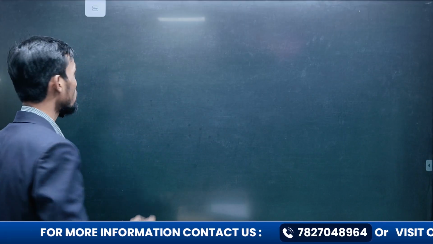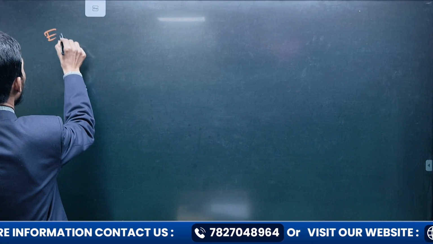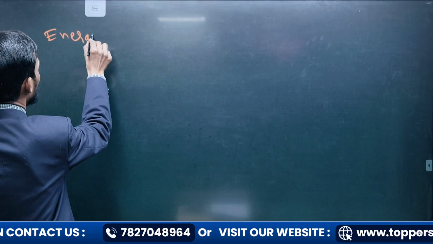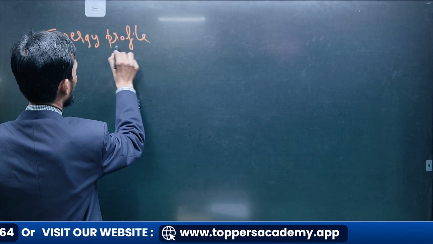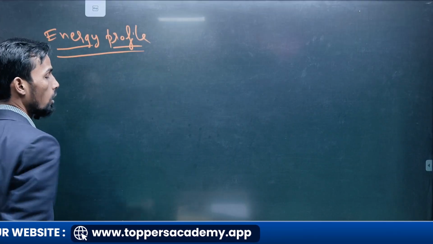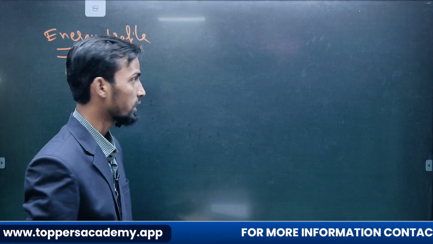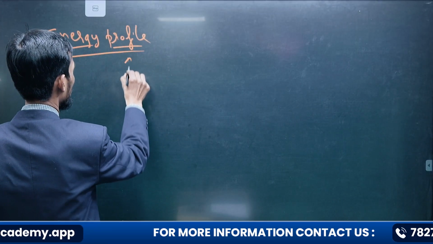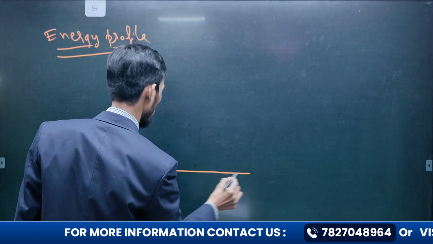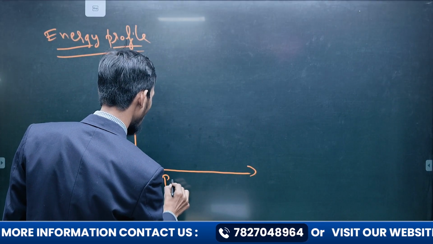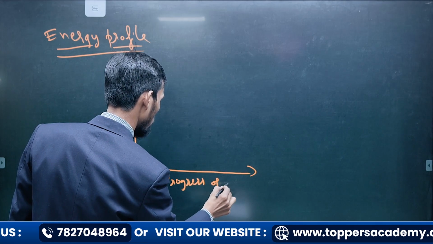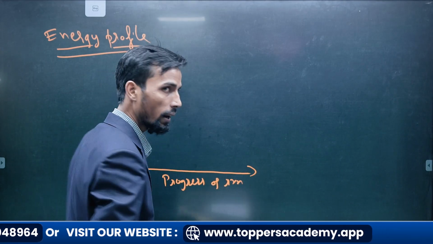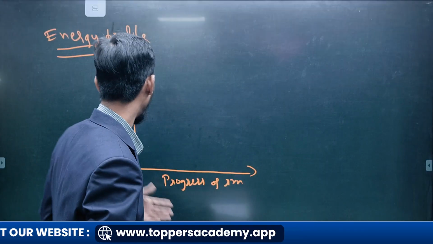So how does this reaction proceed? If we want to draw the energy profile of this SN2, this is the progress of reaction, which means how our reaction is proceeding.